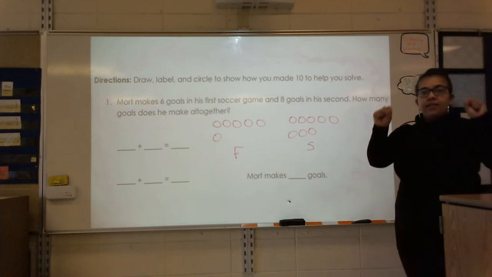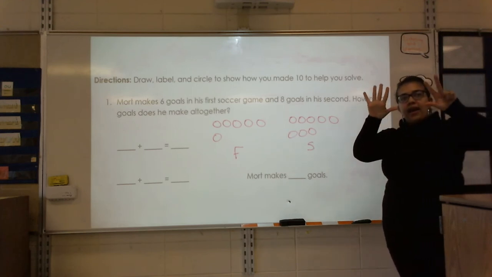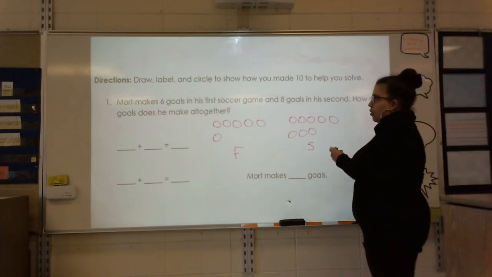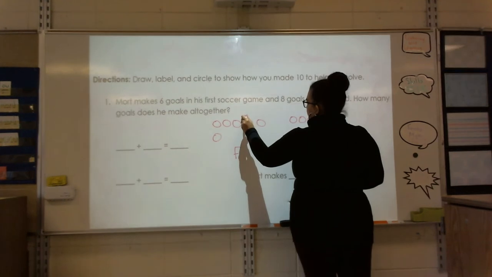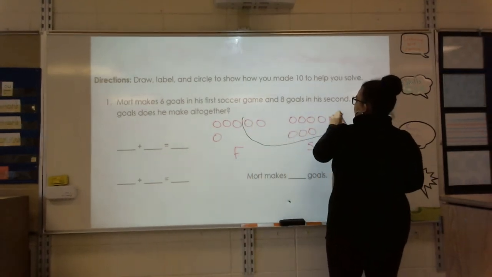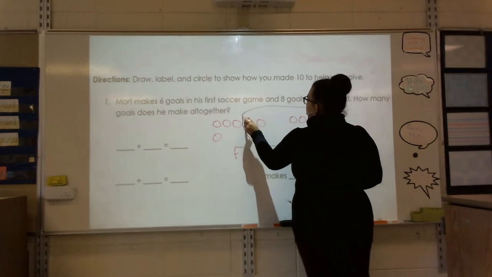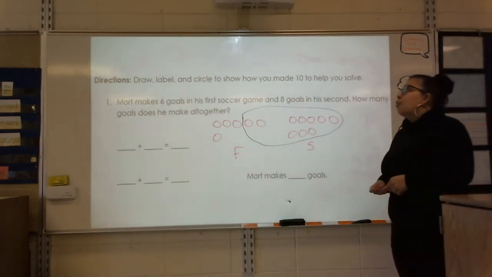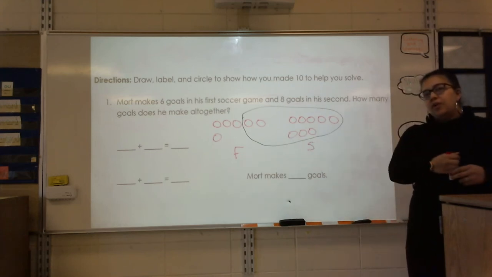The second game he scored 8. So when you have 8, how many are down? 2. So let's just pick up 2 from over here to make for an easier time counting. We're not saying he suddenly scored less in the first game than he originally did, but we're just moving the pieces so we can add.